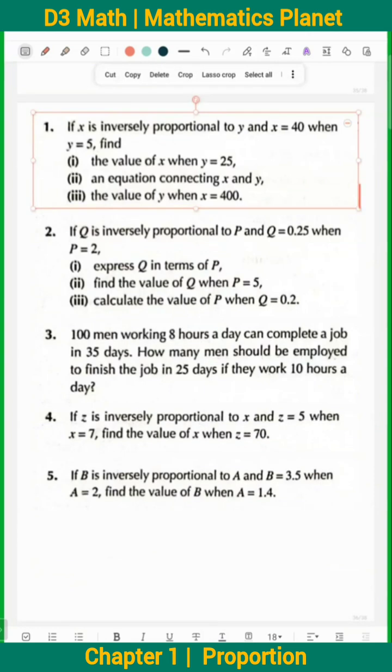Number 1. Number 2, for the questions we do in class, it is not important that you write down all the questions, because in class we need to move a bit fast. So in class just try to move with the class, try to answer the questions, do the rough working. It's not necessary to write each and every question or each and every part.